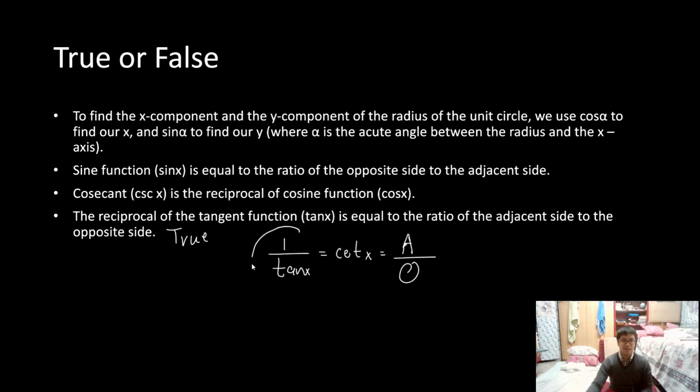So as you can see here, 1 all over tangent x is equal to cotangent x, which is also equal to the ratio of the adjacent to opposite side. Therefore, 1 all over tangent x is just the same as adjacent all over opposite side. So this is, in fact, true.